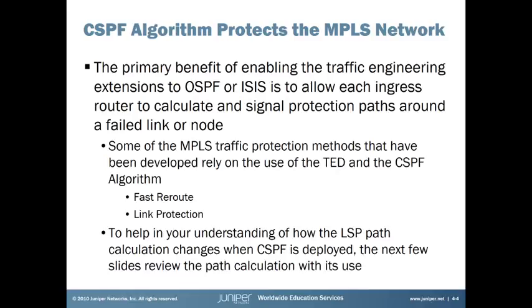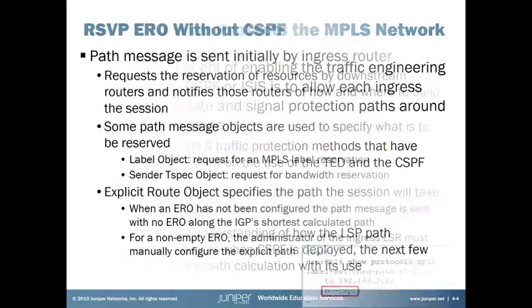The reason we disabled it is because by default it's enabled, because by default you want it, because of the benefits of it. So usually you don't build a path without it. But just for the purpose of learning the functionality of CSPF, we're going to look at what happens without it, and then compare that to what happens with it, so we can get an understanding of what it does.